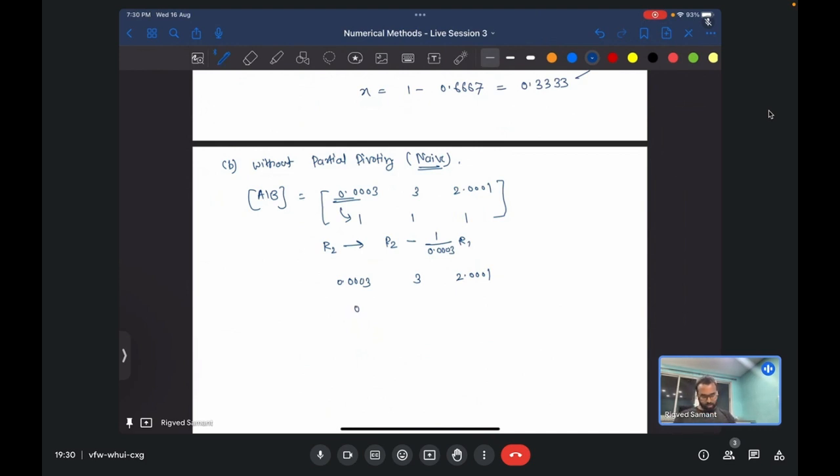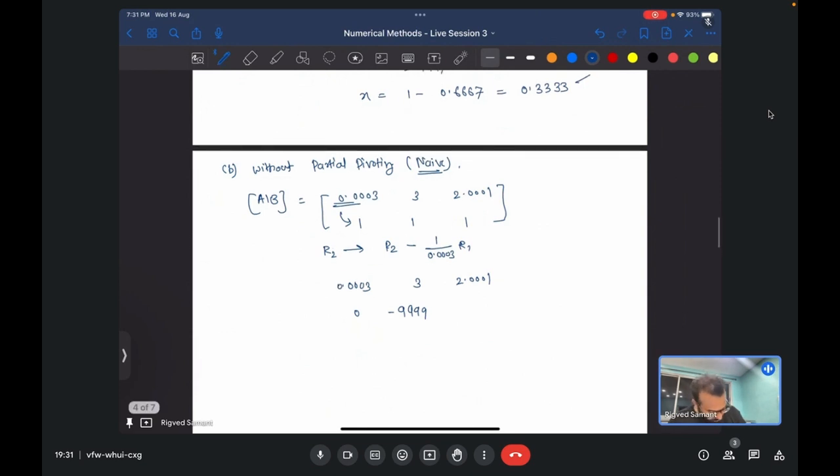Then 1 minus 1 divided by 0.0003 into 3 is minus 9999, and the second one would be 1 minus 2.0001 divided by 0.0003, which is minus 6666. Correct?